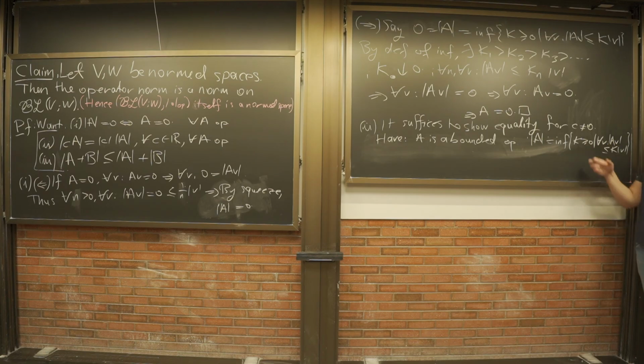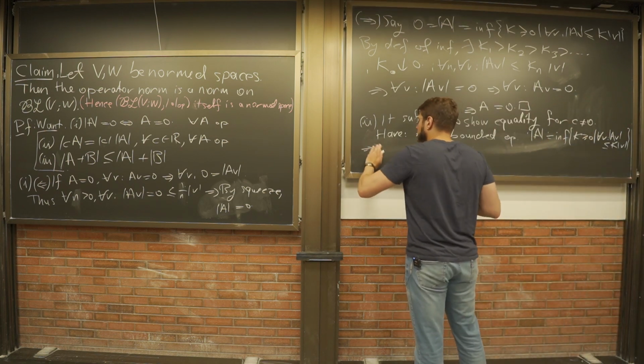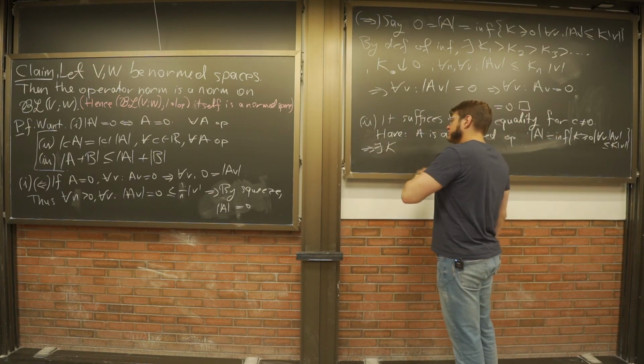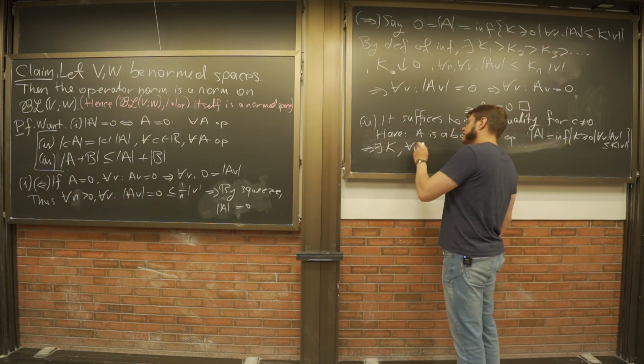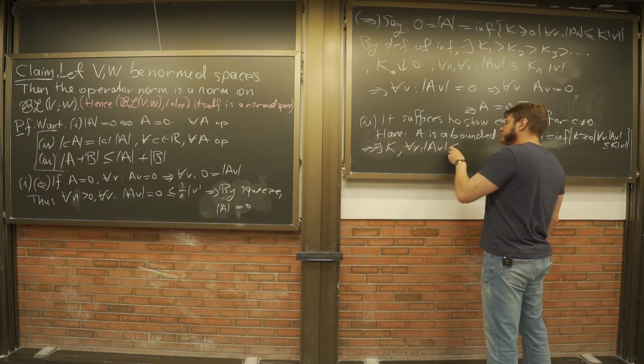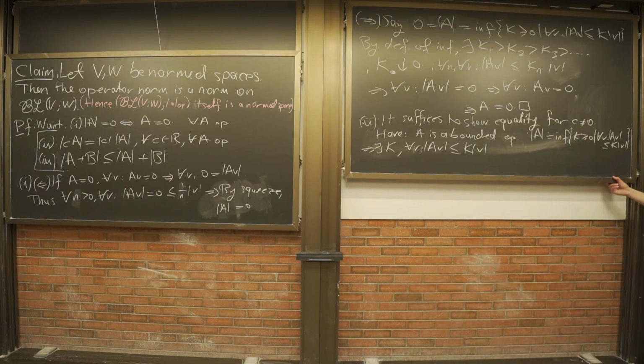At the very least, there is at least one k that is in here. Otherwise, this set would be empty. So there is a k such that for any v, A times v is bounded by this guy. For some number k, I have this inequality that works for any vector whatsoever.